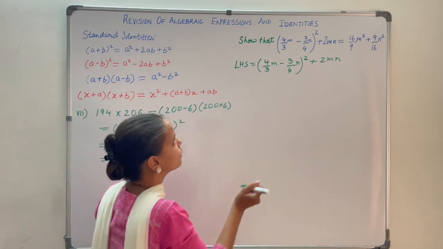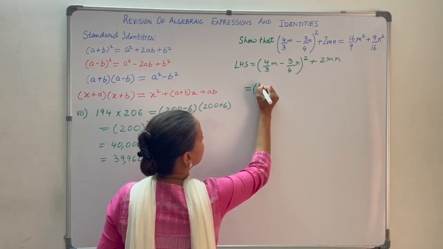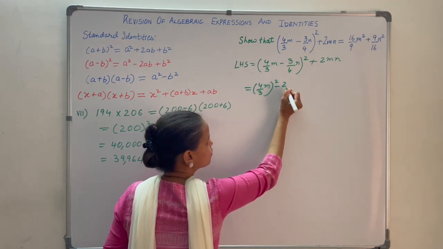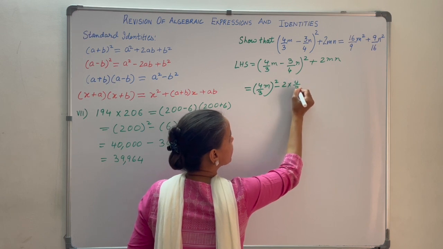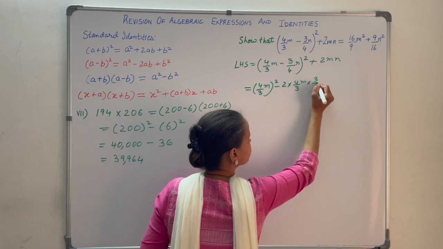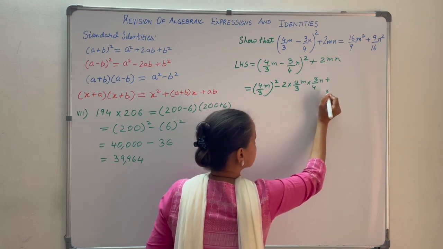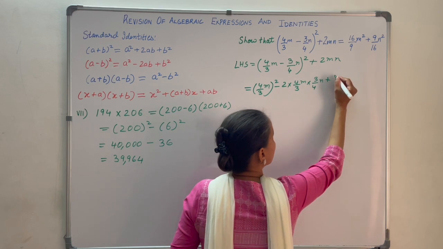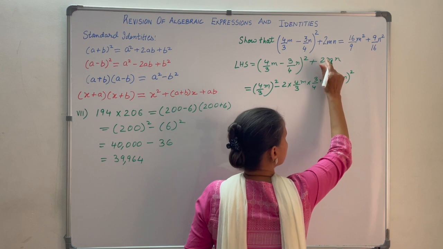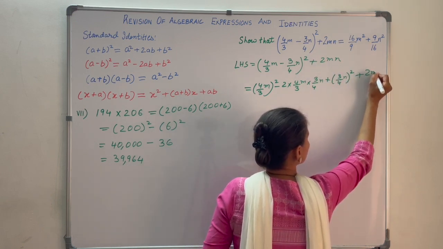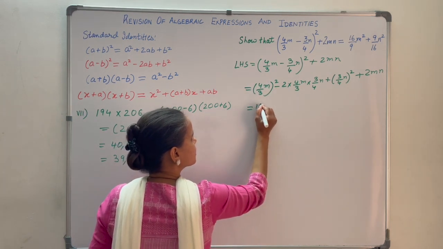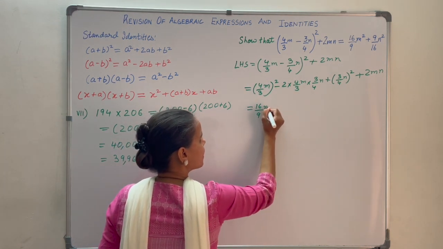So let us write it down. Here you have (4 by 3m) whole square minus 2 into 4 by 3m, which is your a, into b, this 3 by 4n, plus b square, that means (3 by 4n) whole square, plus 2mn. So (4 by 3m) whole square means it is 16 by 9 m square.